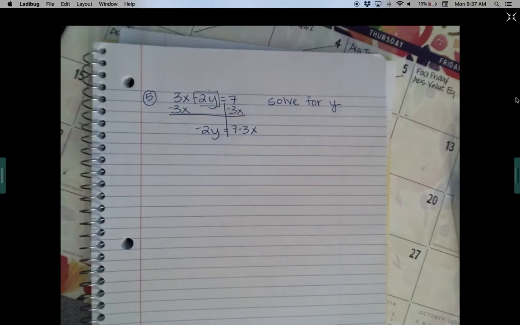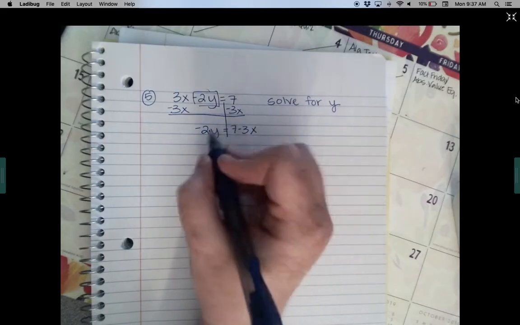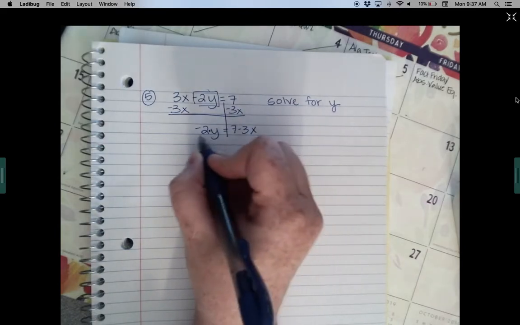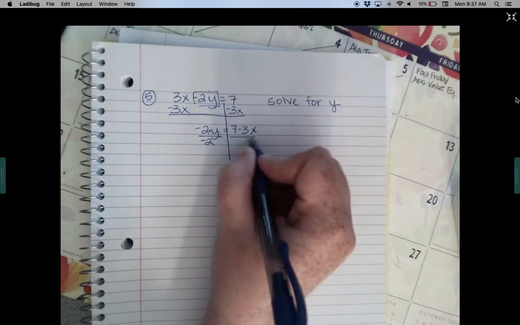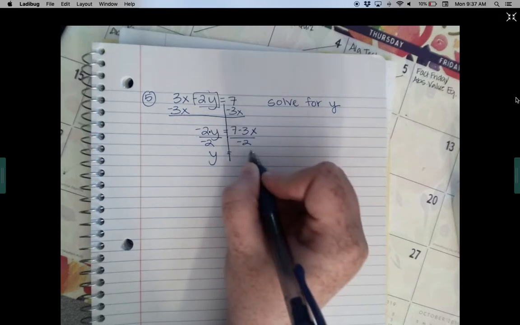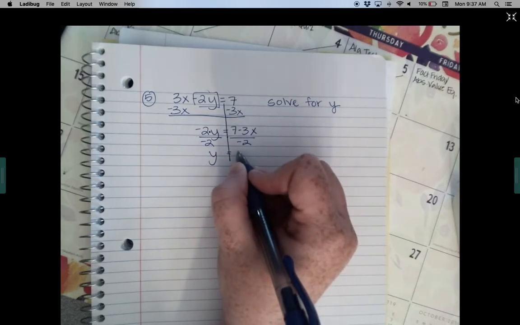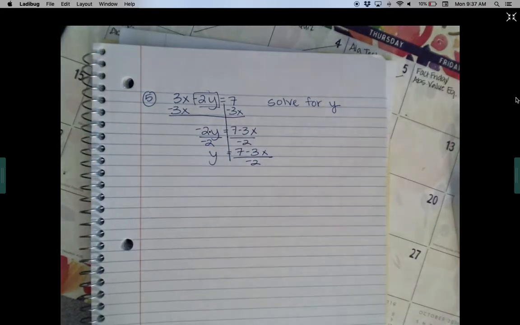Now I have -2 times y. So what should I do? Divide by -2. So I have y equals 7 minus 3x over -2. We usually want our variables to come first if possible.